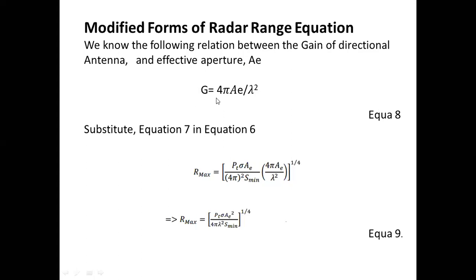Generally in radar systems we use directional antennas. Directional antennas have a narrow beamwidth. The gain of the directional antenna is high when the beamwidth is less.